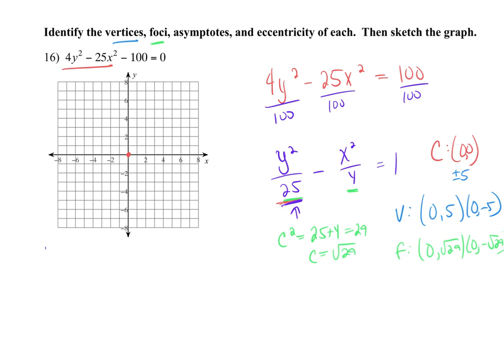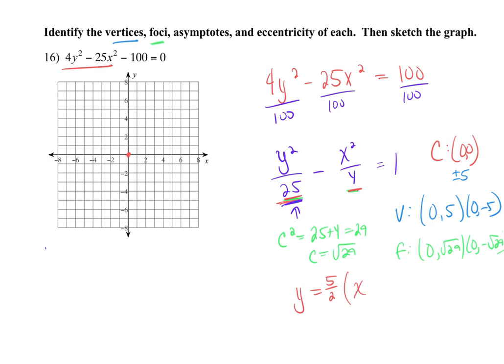Asymptote. Asymptotes are always going to be the y over the x. It doesn't matter which way it's opening, all right? Because it's y equals mx plus b. So to find this, I am going to do y equals, and then the value under the y, remember he's being squared, so we're going to say 5 here, over the value under the x, remember he's squared, so we'll say 2.